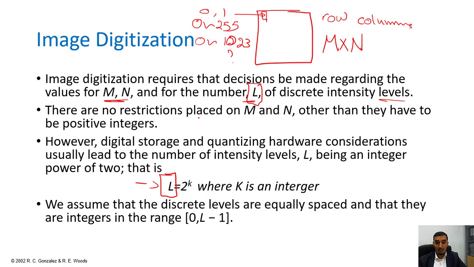If we say L is equal to 8, then we have 256 levels, and so on. So L is an integer that defines the quantization levels, and we assume that the discrete levels are equally spaced and they are integers in the range between 0 and L minus 1.